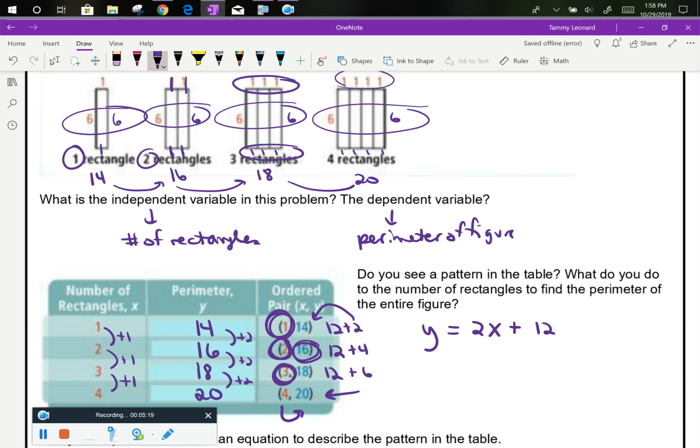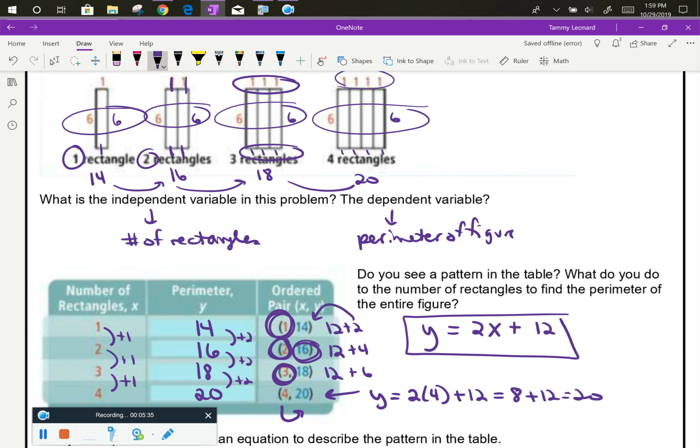Notice if we test that on this last example, we would say that the perimeter should be 2 times 4, the number of rectangles, plus 12. Well, 2 times 4 is 8, plus 12 is 20, so our pattern works out.